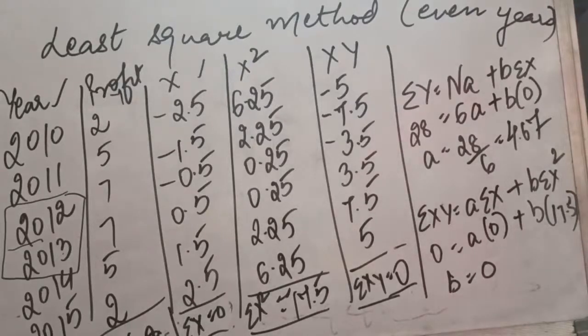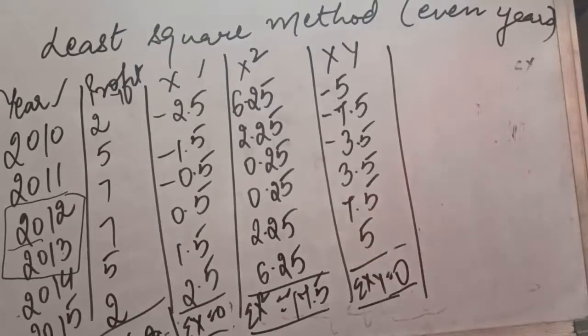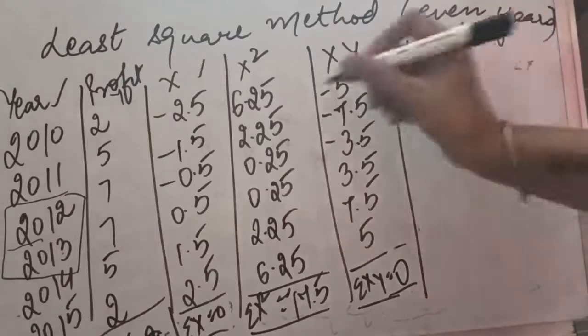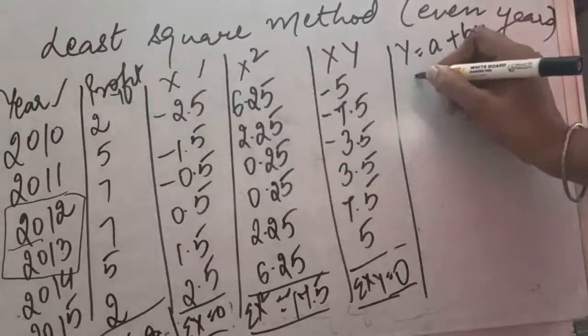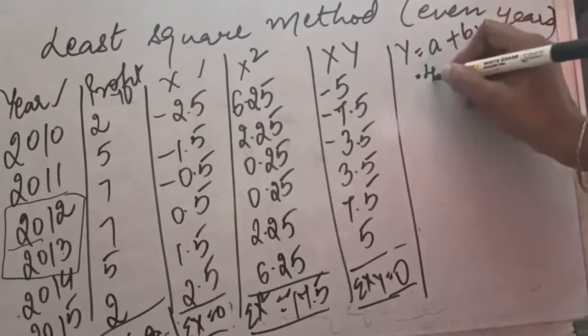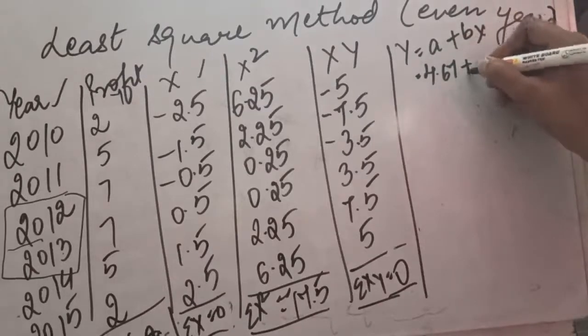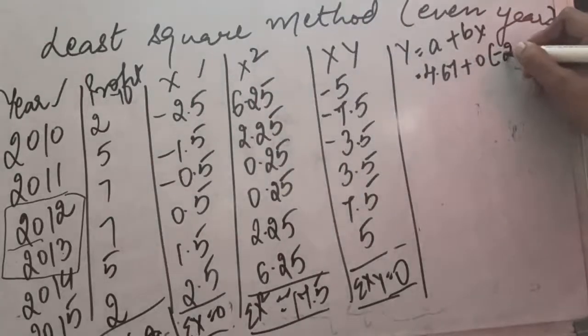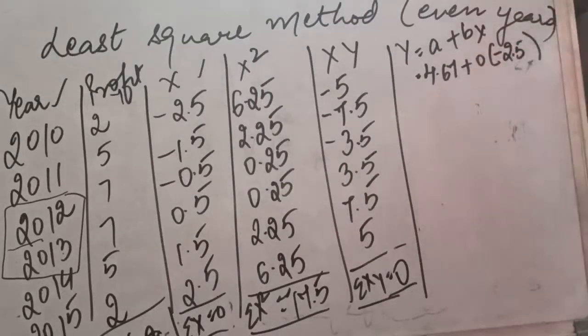Now what we will do, we will put these values in our main equation, that is y is equals to a plus bx. So in our question we will write y is equals to a plus bx. For the first year, our a we have just calculated, it is 4.67, b was 0 and x in this case is minus 2.5.